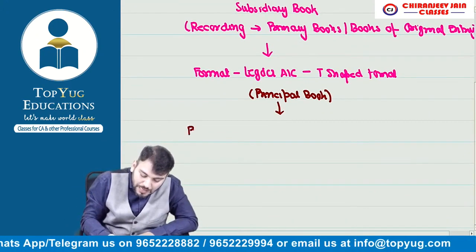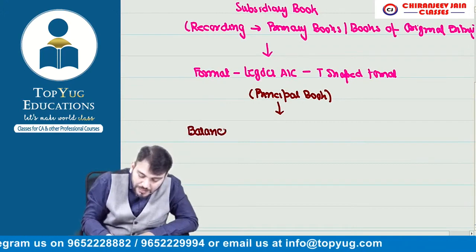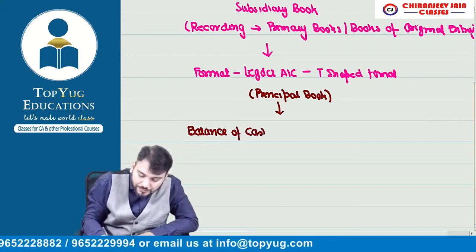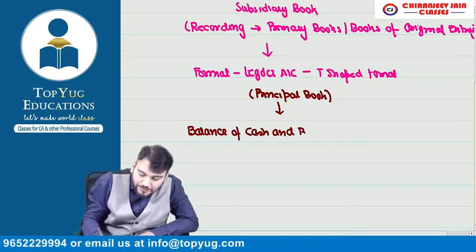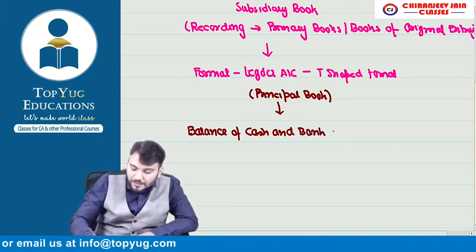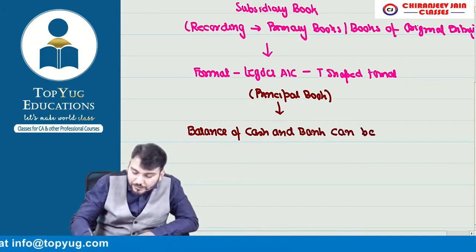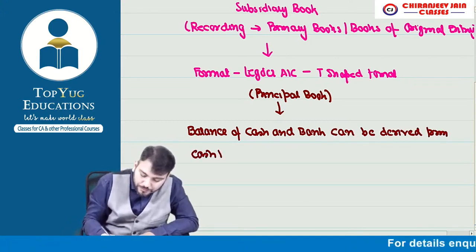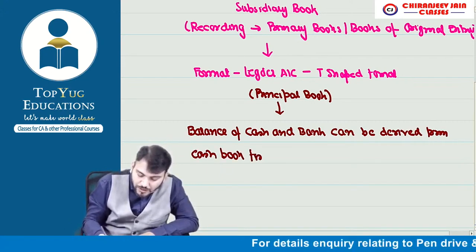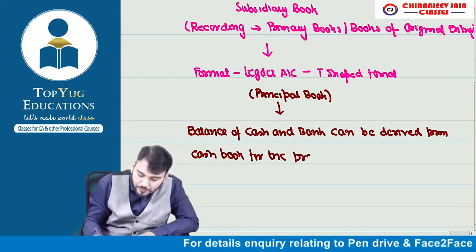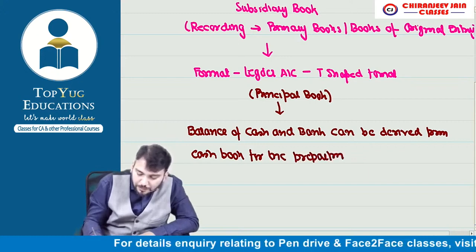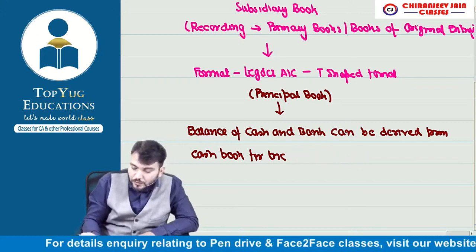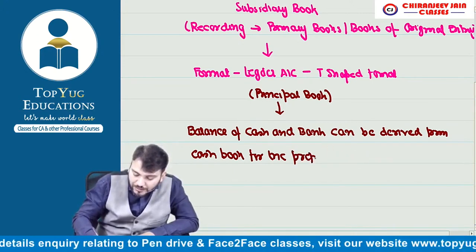Why is it known as principal book? Because the balance of cash and bank can be derived from the cash book for the preparation of trial balance.